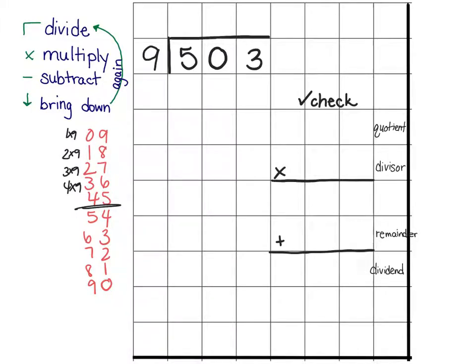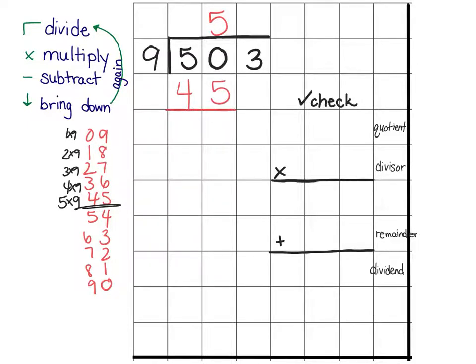So that is 1 times 9, 2 times 9, 3 times 9, 4 times 9, 5 times 9. 5 times 9 is 45. All right, now that we've divided, we need to multiply. 5 times 9 is 45.